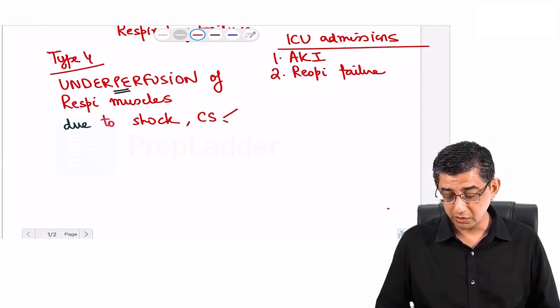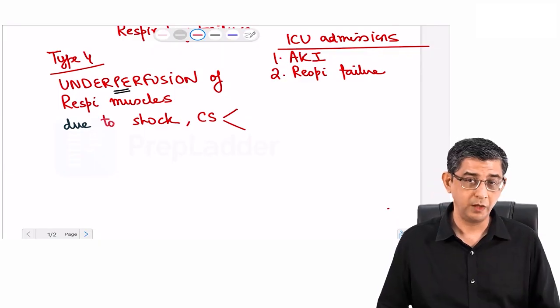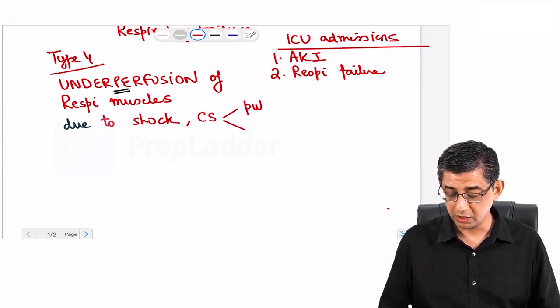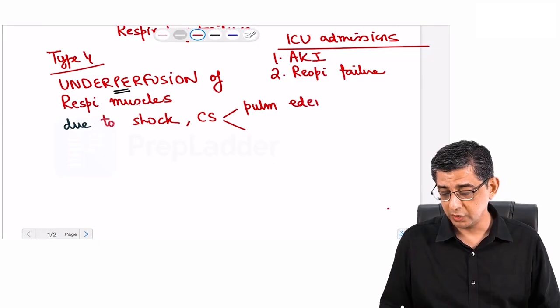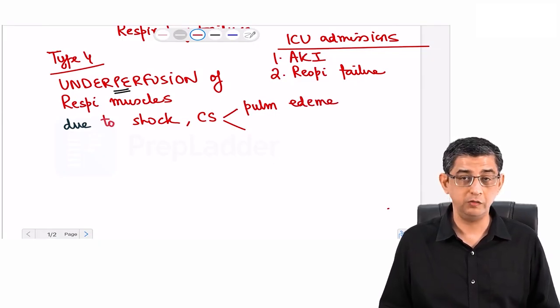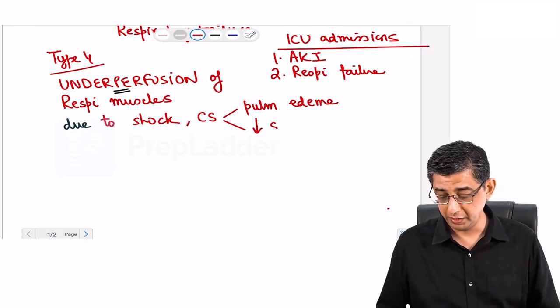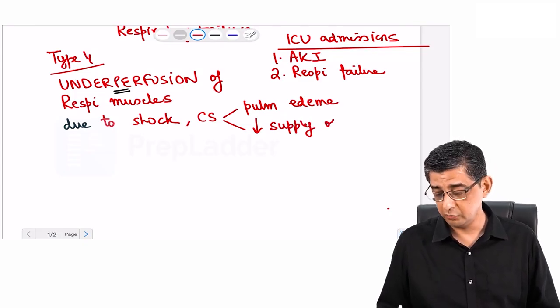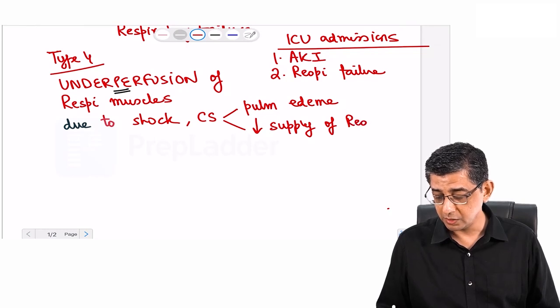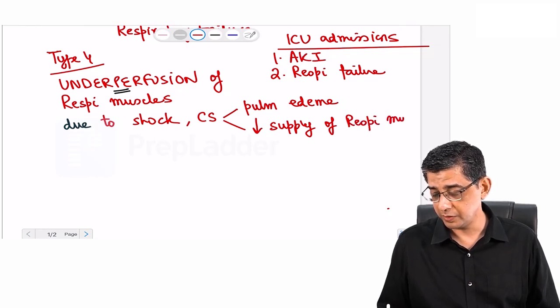Why? Because in cardiogenic shock, there is double insult to the lung. What I mean by double insult is obviously because cardiac contractility is hampered, there would be pooling of blood in the alveoli, there would be pulmonary edema. But because you're focusing on the word shock as well, there would be decrease in blood supply not only to important organs of the body, but also to the respiratory muscles.